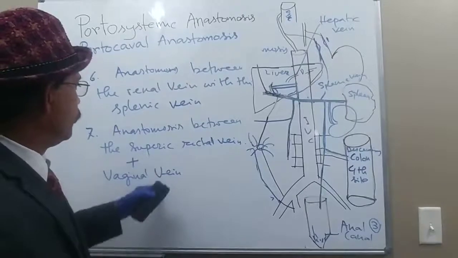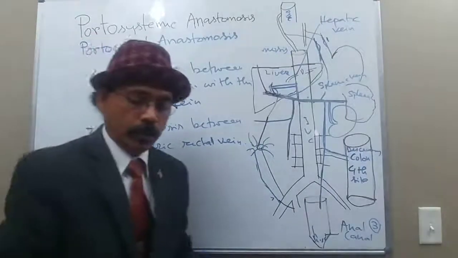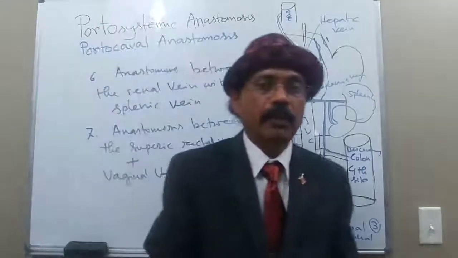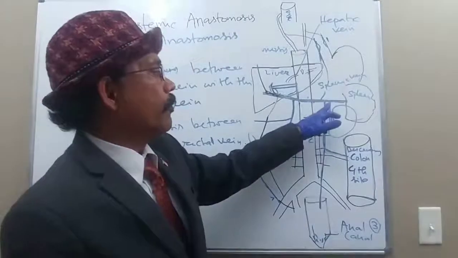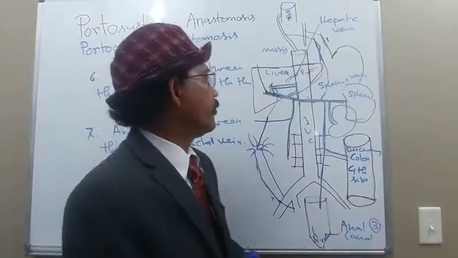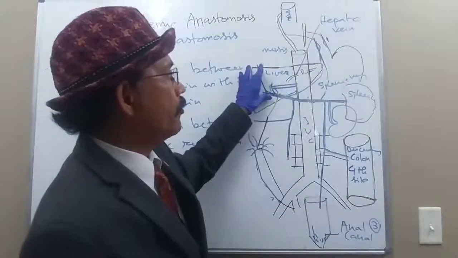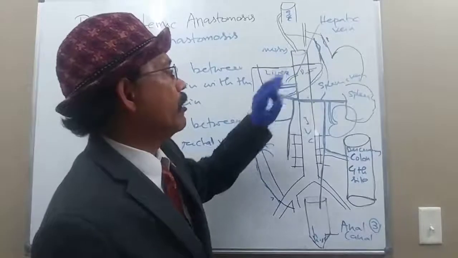So that's all about the location of the portosystemic anastomosis. The idea is that the portal vein carries blood that also contains some toxic substances that should be metabolized and detoxified in the liver. They should return back by the hepatic vein.